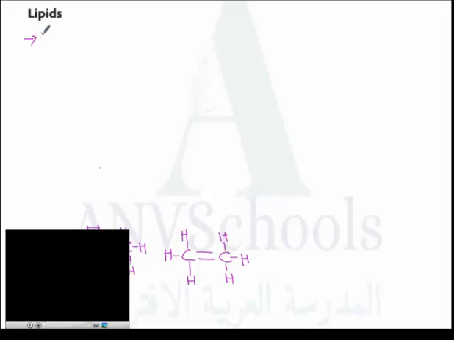So because of the double bond, this one cannot form solids. But on the other hand, if it is saturated, then it will easily form solids.